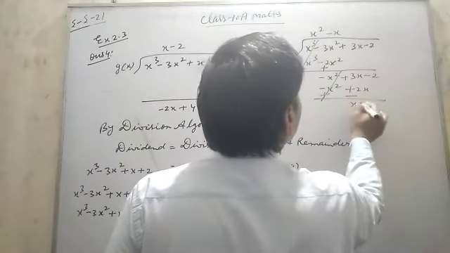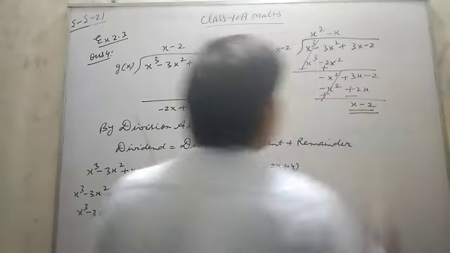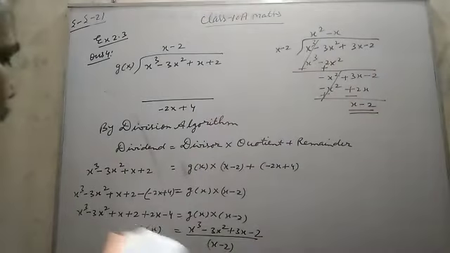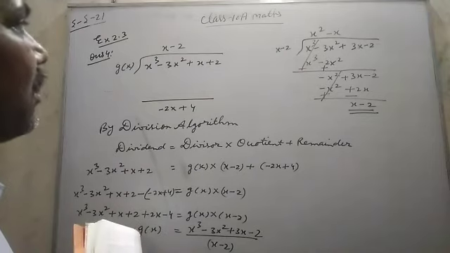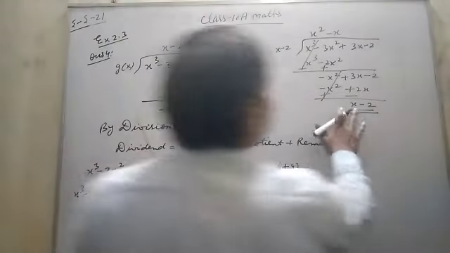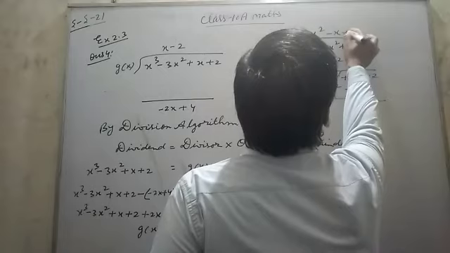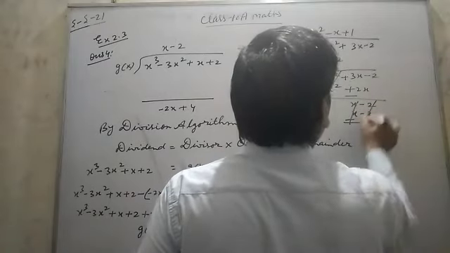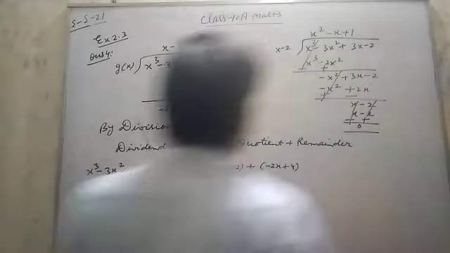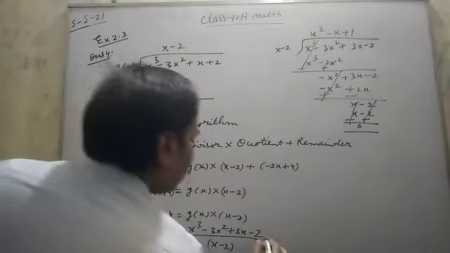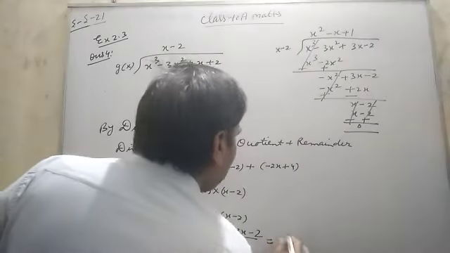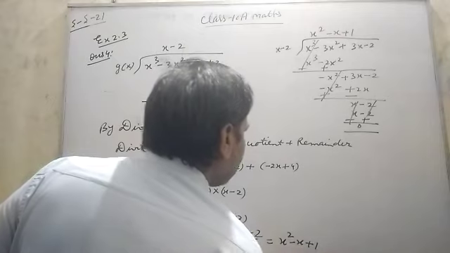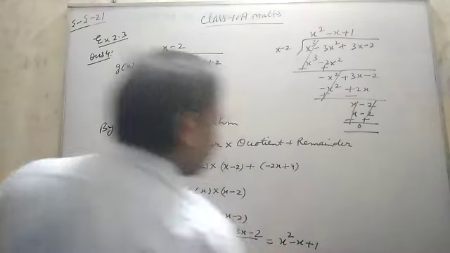So 3 minus 2, 1, x minus 2. So g(x), x minus 2, so plus 1. So what is coming is that this is equal to x square minus x plus 1. This is the answer.